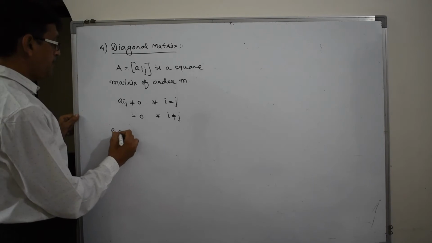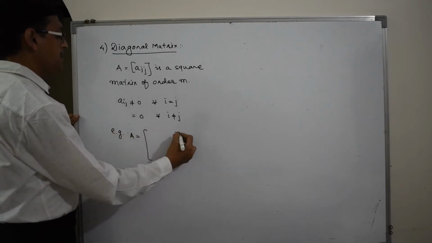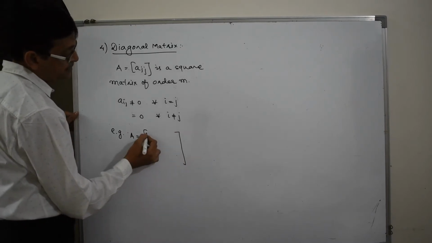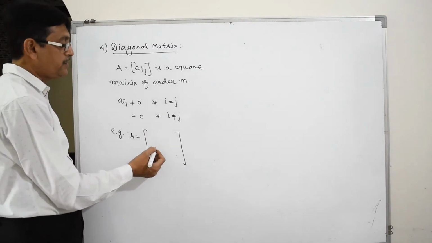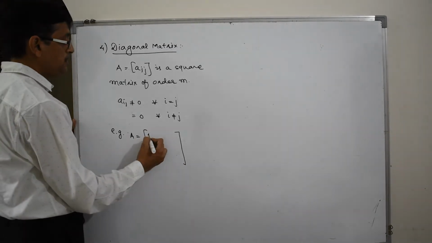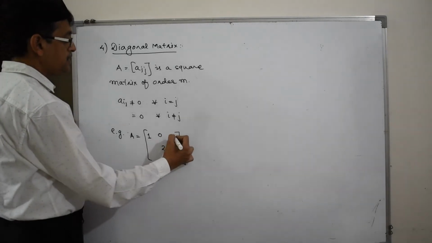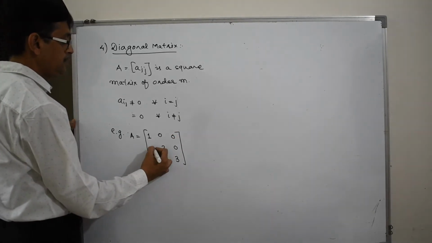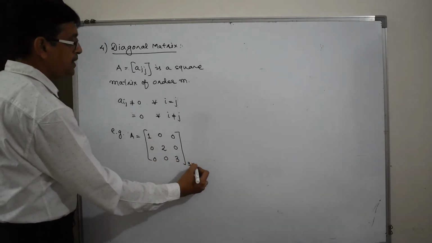So for example, if I want to write a diagonal matrix, I will consider this diagonal, which is normally called the principal diagonal. Also, you have to start from the left top corner. So let us say 1, 2, 3. Now the rest of the entries must be 0. So this is called a diagonal matrix of order 3.